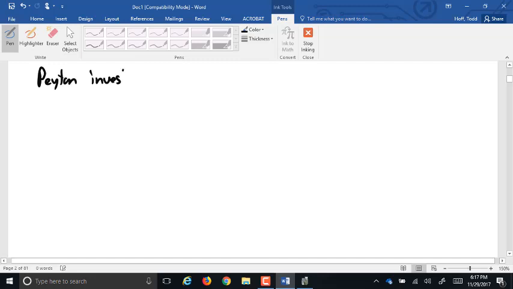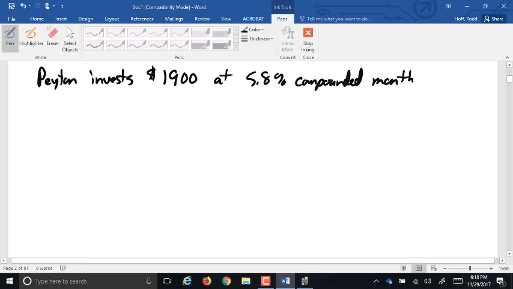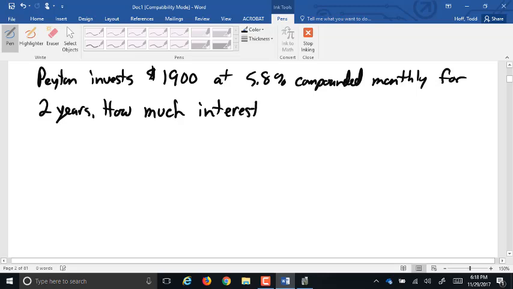Peyton invests $1,900 at 5.8% compounded monthly for 2 years. How much interest does Peyton earn?